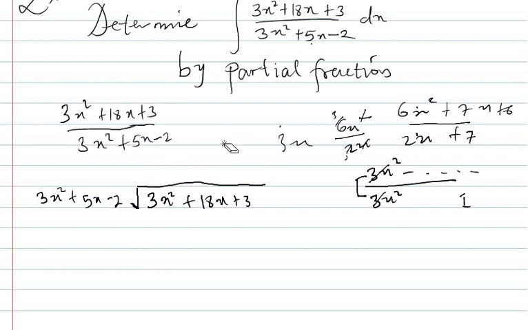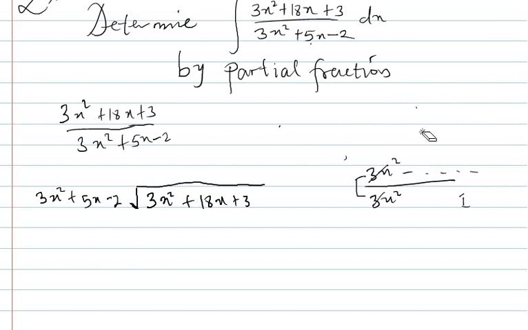But in this question, the coefficients of x squared are the same, so 3x squared by 3x squared gives 1. We come back here and put it, using a bracket.